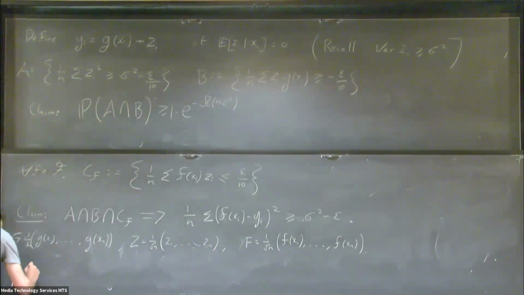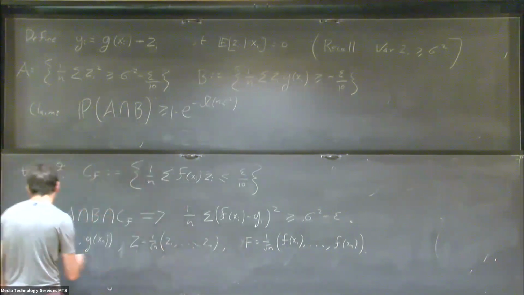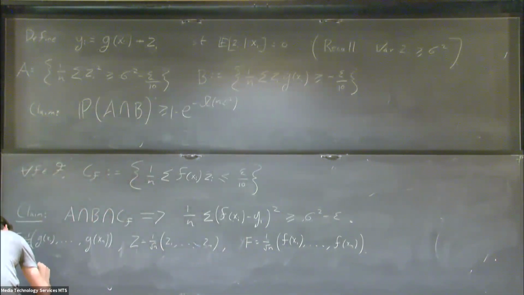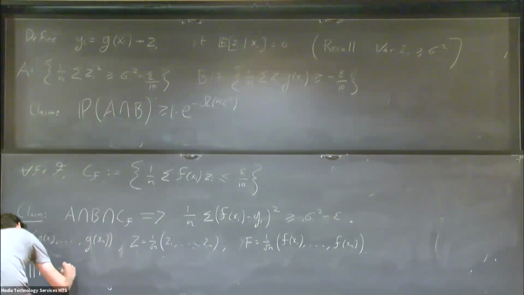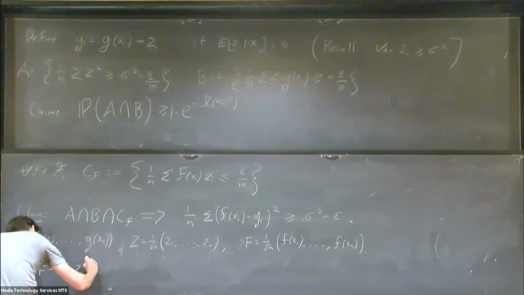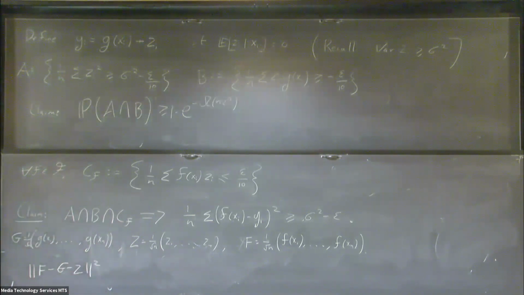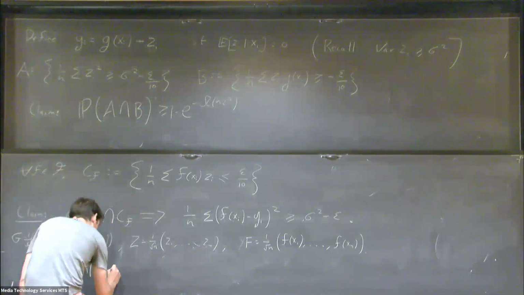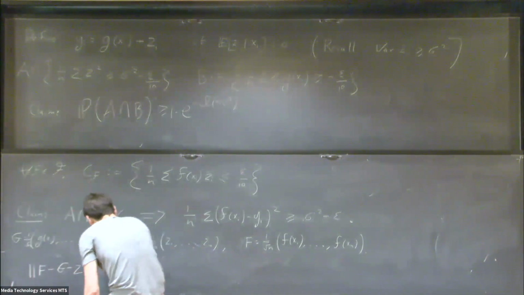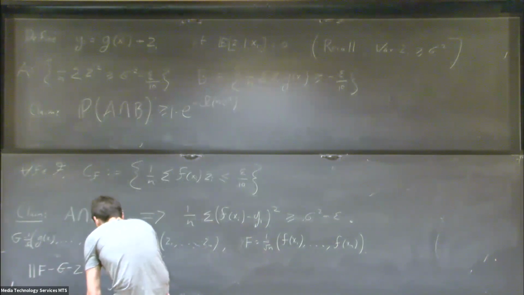Then what we want to say is that this is big, which means that, well, this is just the norm squared of f minus g minus z. We want to say that this is big. This is equal to z squared.